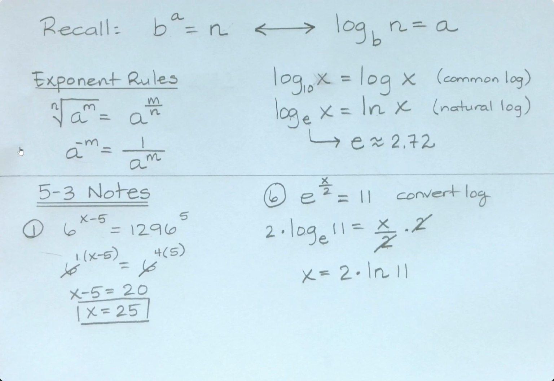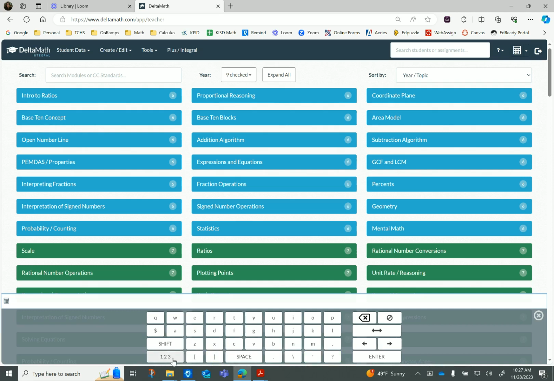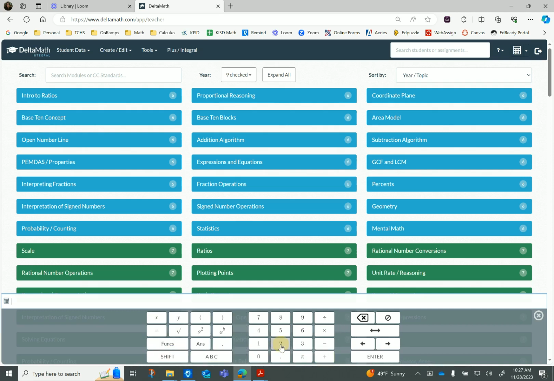Since they're asking us to round to the nearest hundredth, you will need to go to your calculator. And I want you guys practicing using the calculator of your Delta Math. You will click on your calculator button wherever it's located on your particular platform. And we're going to type 2 times the natural log of 11. So you press functions.